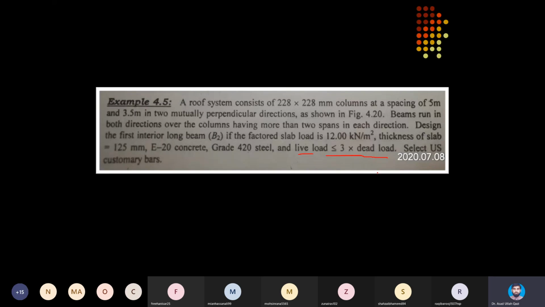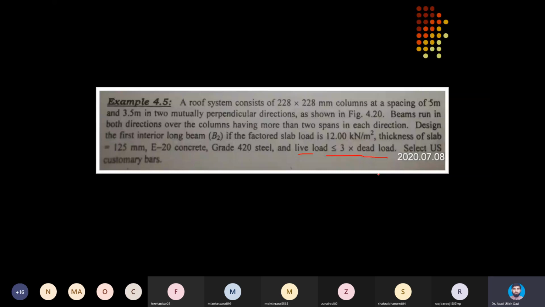In ACI moment and shear coefficients, one of the limitations in order to apply those coefficients is that the live load over dead load ratio should not be more than 3. This is what they are stating, that indirectly they are giving you permission that if other limitations as well are satisfied, then go for the simplified analysis of the continuous beam.